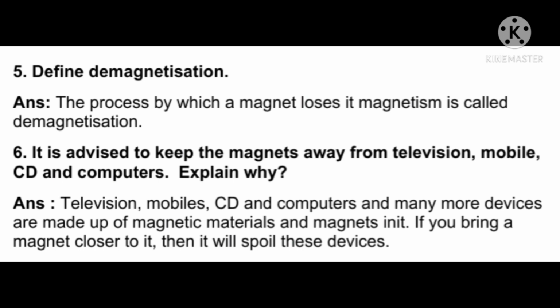The answer is television, mobiles, CDs and computers and many more devices are made up of magnetic materials and have magnets in them. If you bring a magnet closer to them, it will spoil these devices. So it is advised to keep magnets away from televisions, mobiles, CDs and computers.